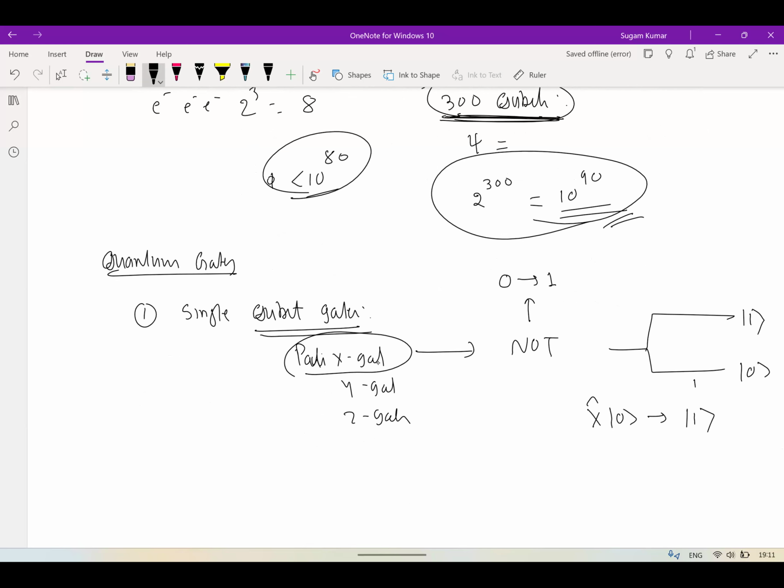I mean the particle flips its spin and goes to the up spin. How can it be done? Easily: if I shine some photon which exactly matches the energy, it can make this transition. We will see how to make these gates by shining photons for a certain amount of time. Generally these qubits are realized by shining laser light or maybe some microwave.